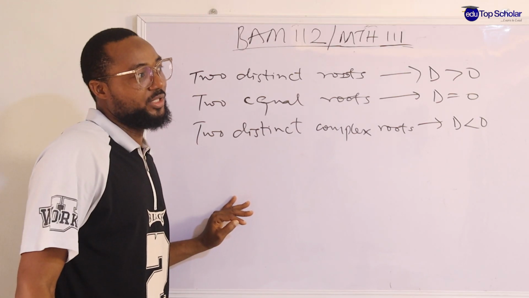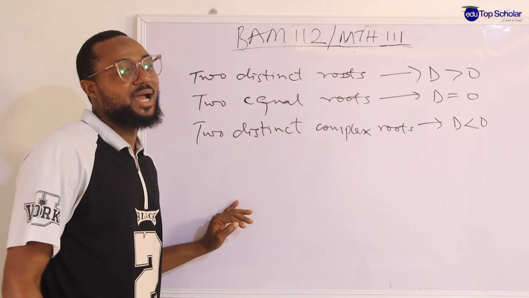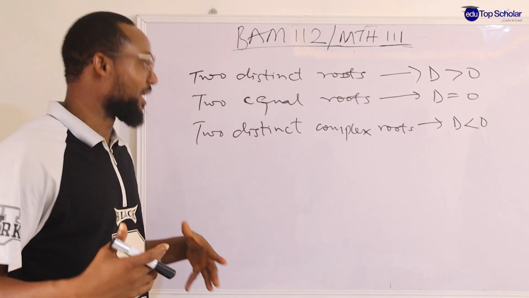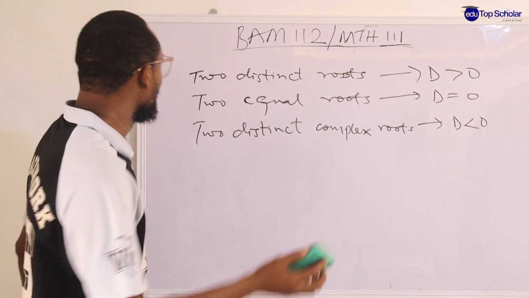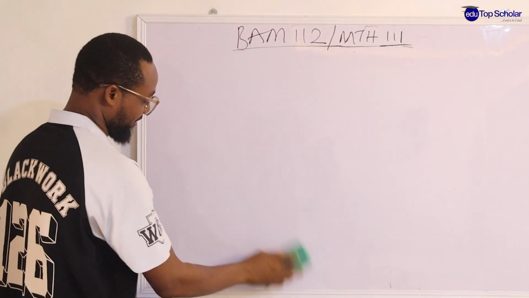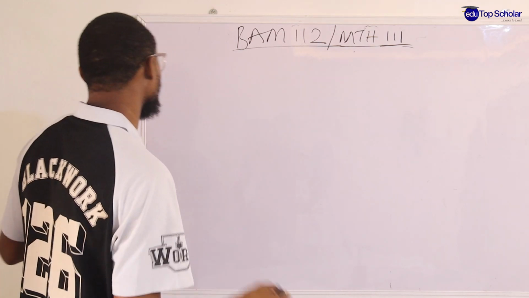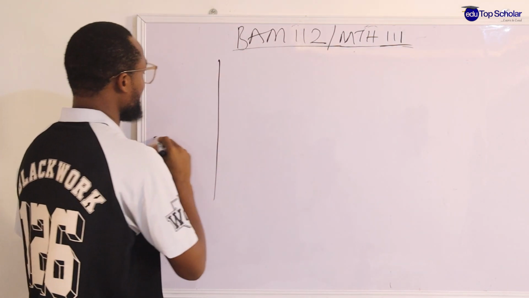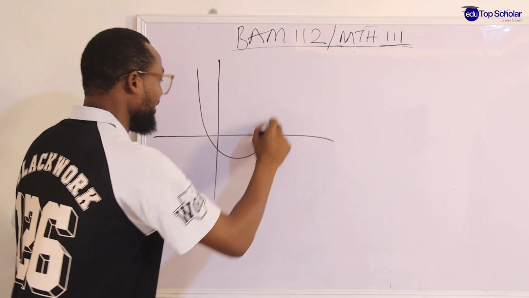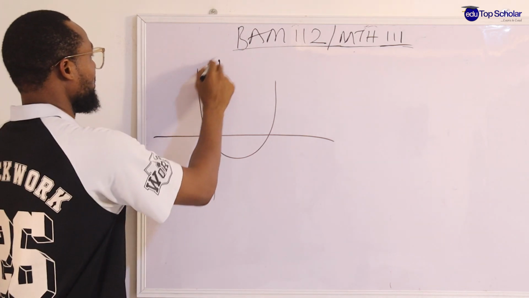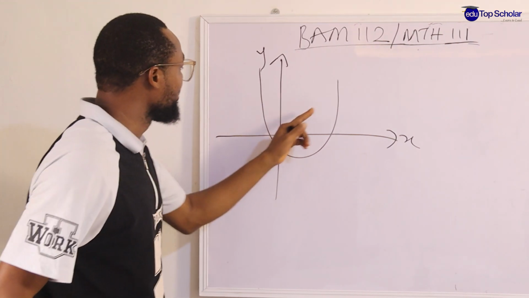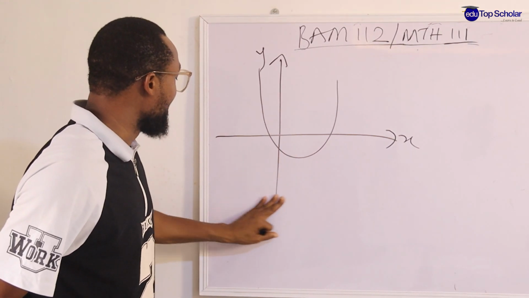Now, it is on this that we will describe how the graphs of quadratic equations will look. After the solution, the following are different shapes of graphs that we can have for a quadratic equation. One, if we plot the x-axis versus the y-axis, and we have a curve like this, the type of root that we have here is what?